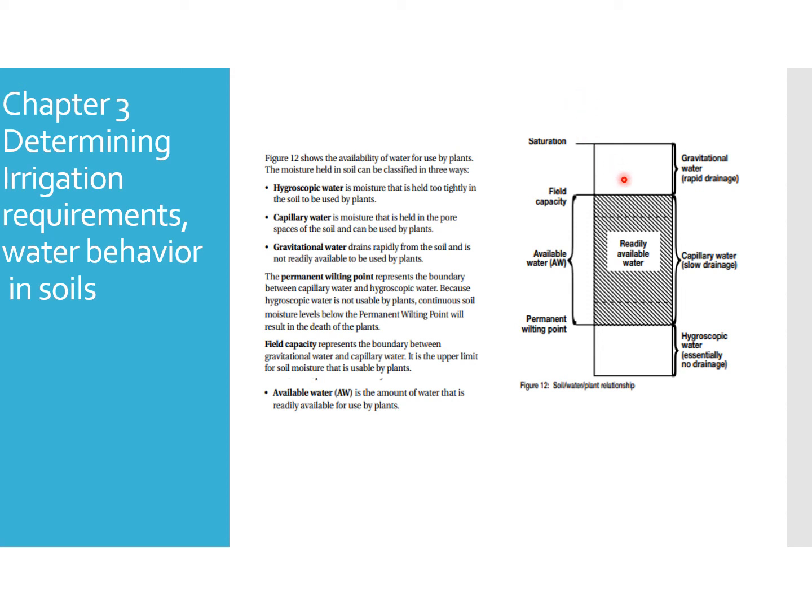Plants can't drink it as fast as it's being applied. As it's being applied, it isn't until it's held in this available water column that it becomes readily available for plants to use. Down here we have the permanent wilting point, which is between available water and your too tightly held hygroscopic water.